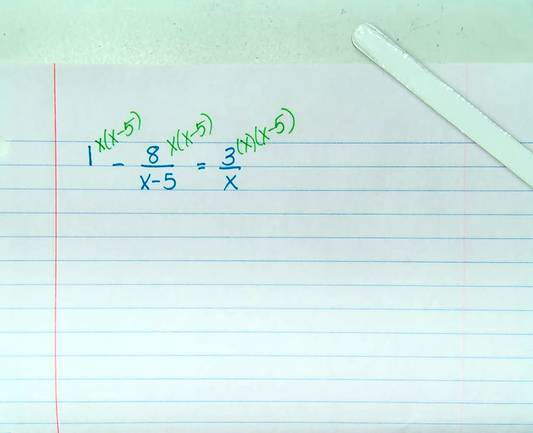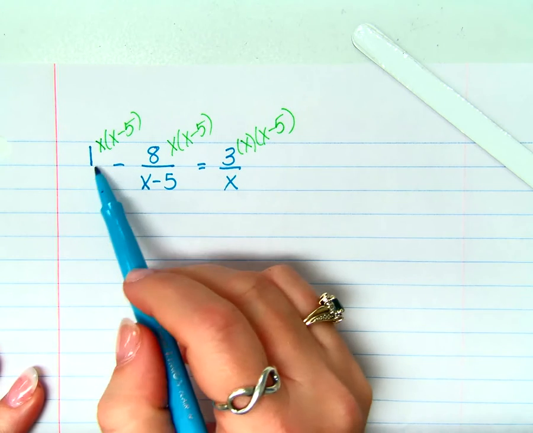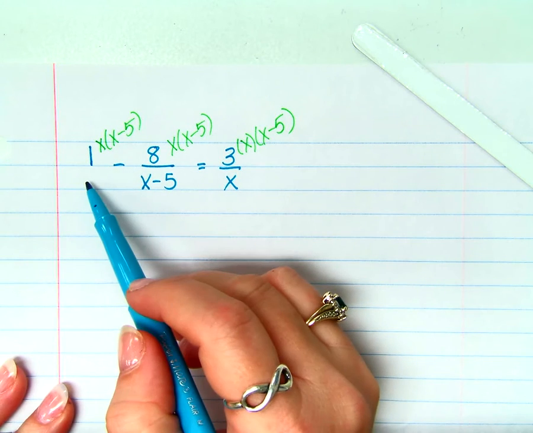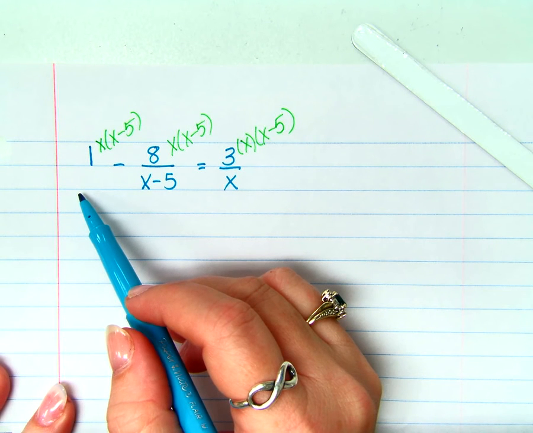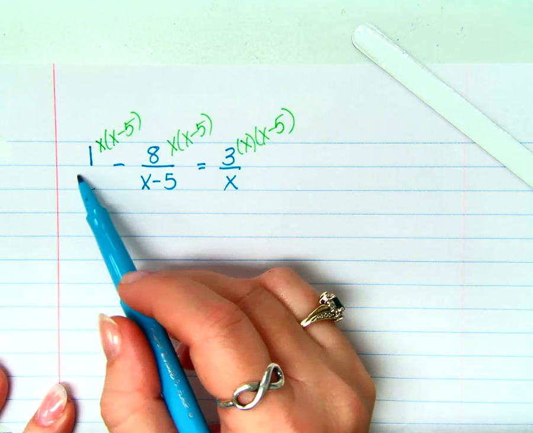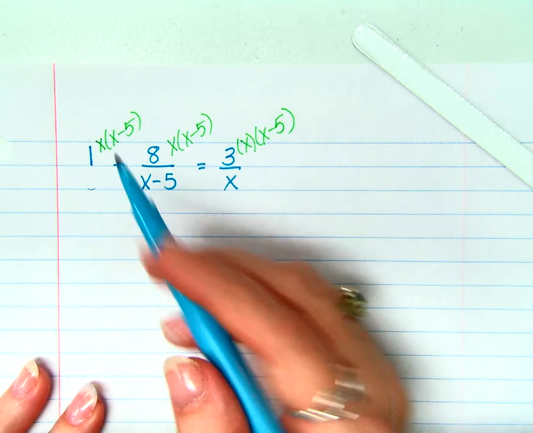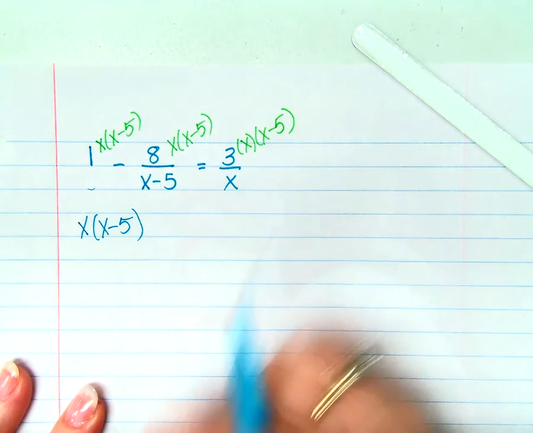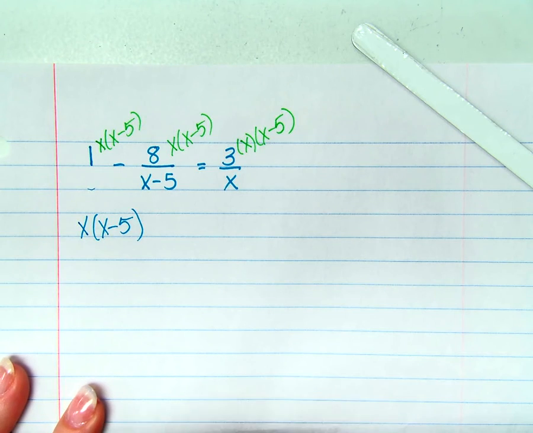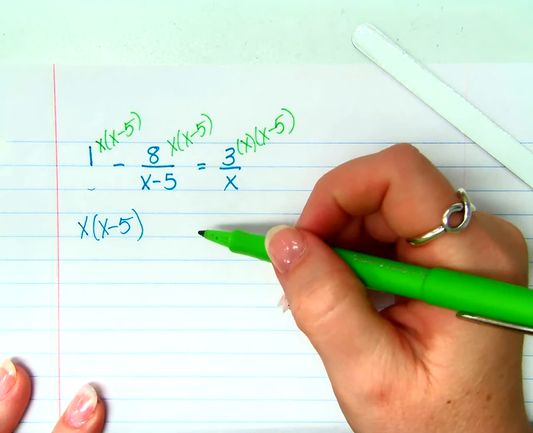So what am I left with in the first fraction? What simplifies here? Oh, nothing? Why not? Yeah, because there's not already a denominator. Okay? So I have x times x minus 5. What simplifies here, if anything?